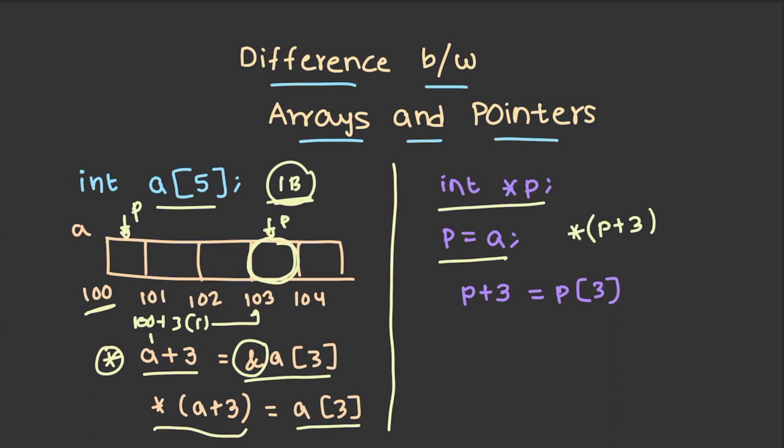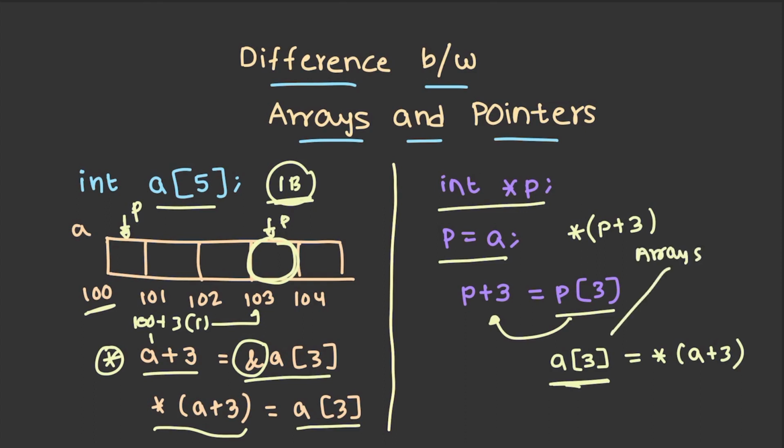You need to understand one more thing. In the case of an array, if a of 3 is present, then it is equivalent to the content at this location. But in the case of a pointer, if p of 3 is present, then it is equivalent to p plus 3. So in the case of arrays, when I represent with the help of an index, then it is equivalent to the content.